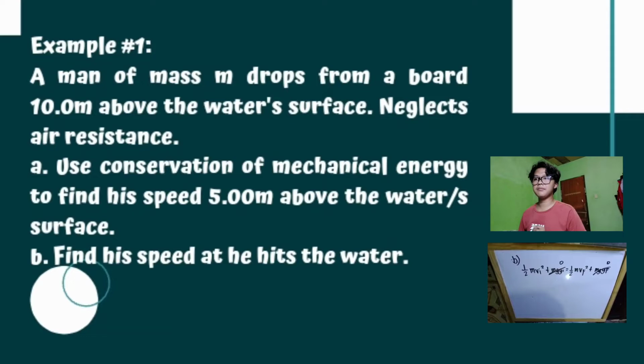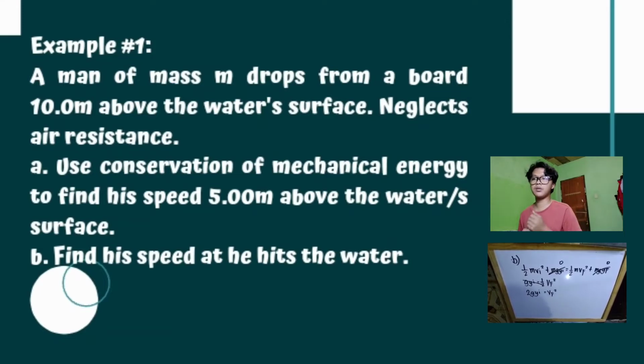We can now cancel the mass, and our initial velocity is 0, also because it starts from rest. So, what remains in our equation is g y initial equals one-half v final squared plus g y final. The final velocity is what we are looking for.